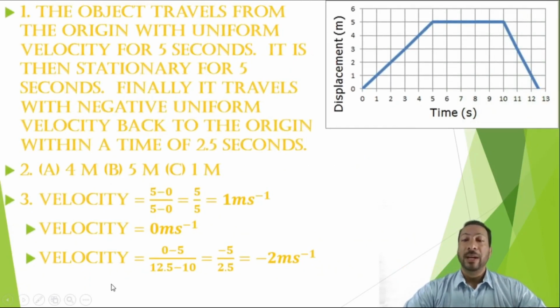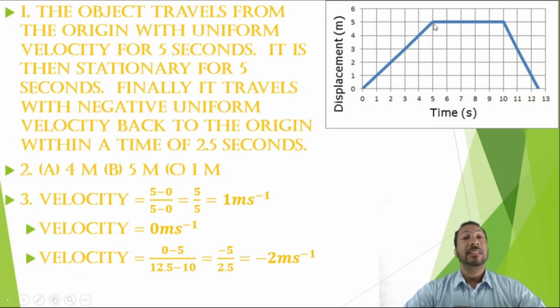So if we are to describe the journey's 3 portions, we can start off by saying that the object travels from the origin with uniform velocity for 5 seconds. Being specific, we see it starts from the origin here, where the displacement is 0, and for 5 seconds, it travels a distance of 5 meters.